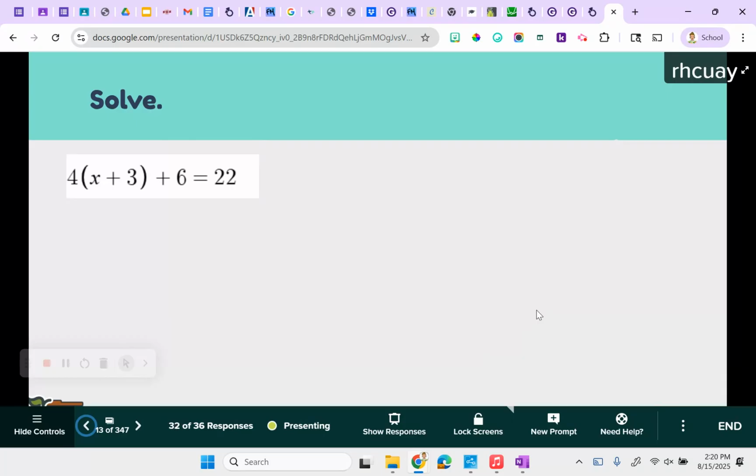Move everything off the parentheses first. Okay, check it with your table partner, please.